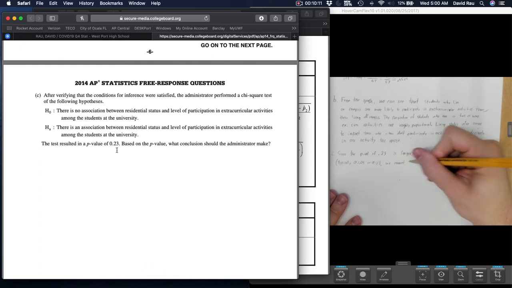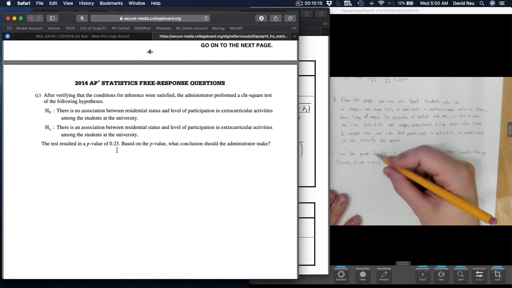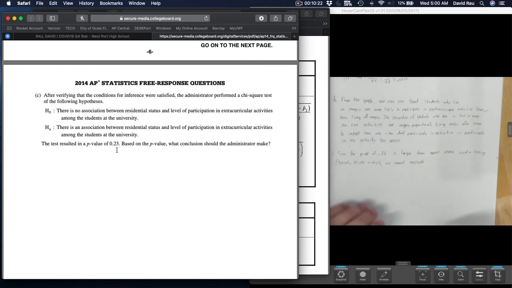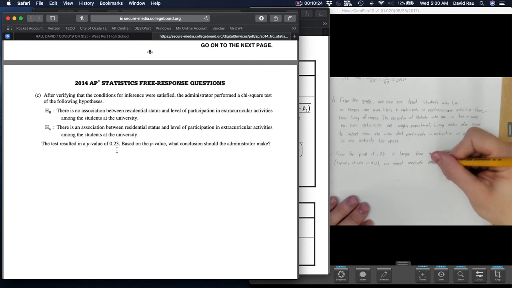We cannot conclude. In other words, if the p-value is larger than alpha, we can't go with HA. We can't conclude that there, and what do you conclude? Well, you just restate what they wanted.